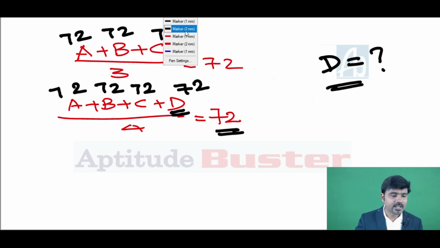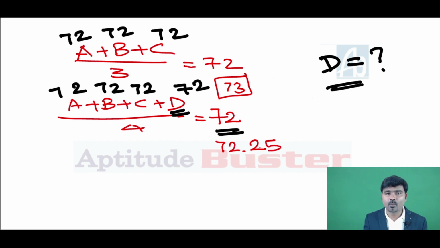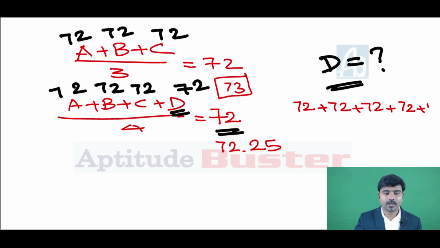Now, I change the value of D to 73. If I change the value of D to 73, the average will be 72.25. The average is increased by only 0.25. The reason is, these four can be written as 72 plus 72 plus 72 plus the last one, 73, which can be written as 72 plus 1.